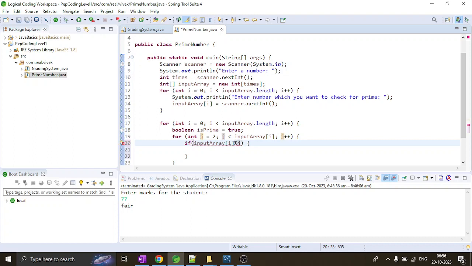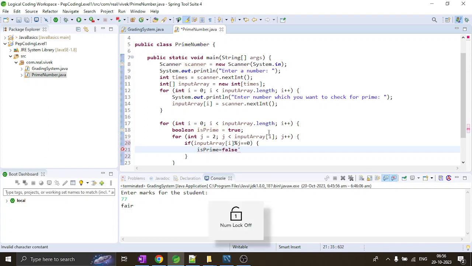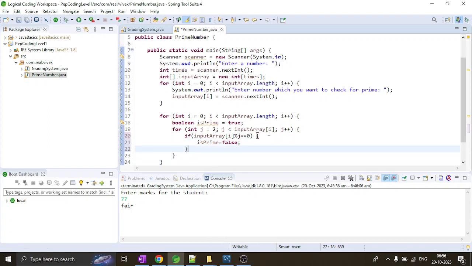Okay, and if it is divisible by j, we'll get 0, and then we set the isPrime flag to false. Otherwise, we continue with the iteration, and once we get the isPrime flag false, we'll break out of the loop because we don't want any further iterations.